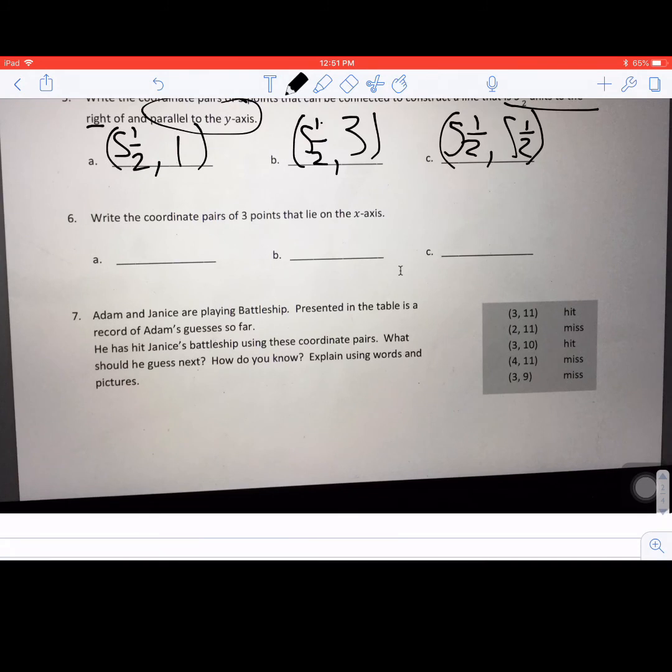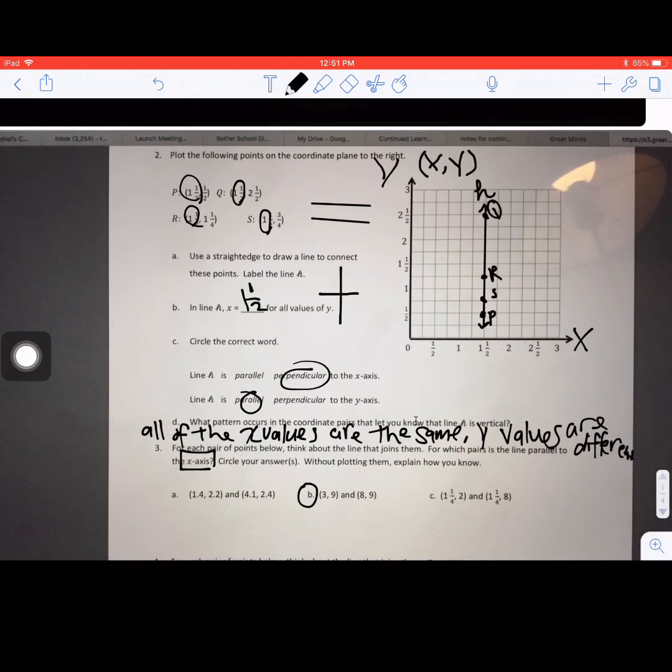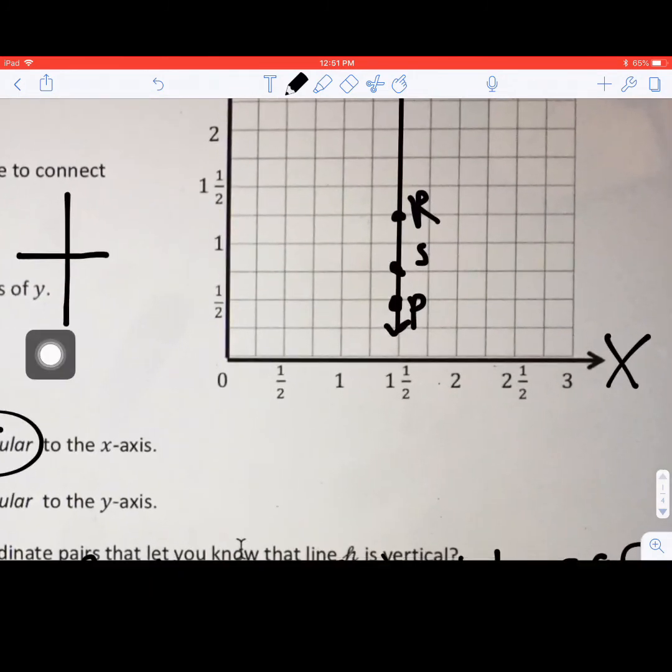So, question 6. Write the coordinate pairs of 3 points that lie on the x-axis. So we're thinking about the x-axis that goes from left to right, starting at 0, going on to infinity, 3 pairs that lie right on top of it. Scrolling back up to show you what the x-axis looks like again, noticing that it starts at 0 for the x.